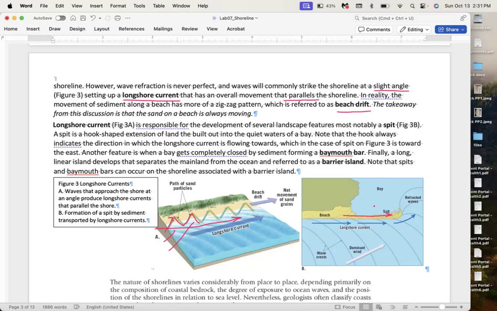And then if this is a bay sitting here, this will extend out into the bay. And you can see the direction. It's getting bent around like this. And so it forms this kind of feature. And so this is helpful for knowing, at least in the fossil record or the rock record, how things moved.